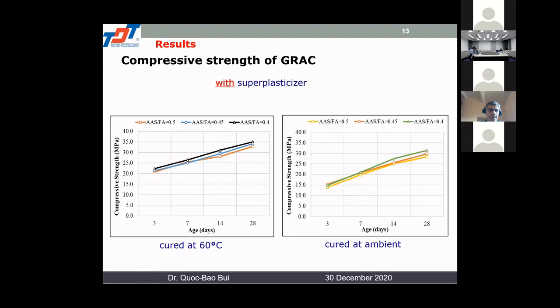And for the compressive strength with superplasticizer and with different ratios of alkaline-activated solution on fly ash, and for different conditions, cured at 60 degrees Celsius and cured at ambient condition, we see that the best ratio among the 3 ratios of AAS on FA is 0.4 for the case cured at 60 degrees Celsius, and also for the case cured at ambient.